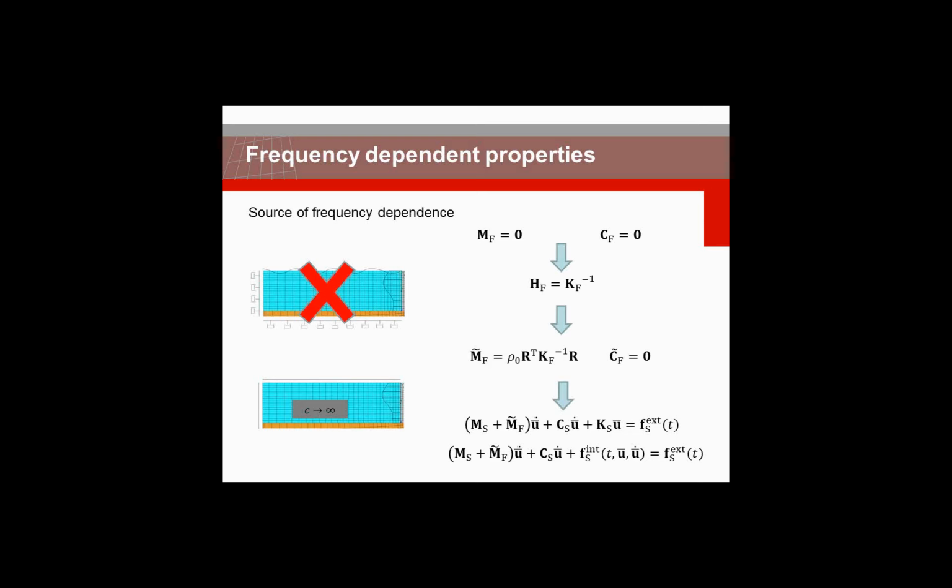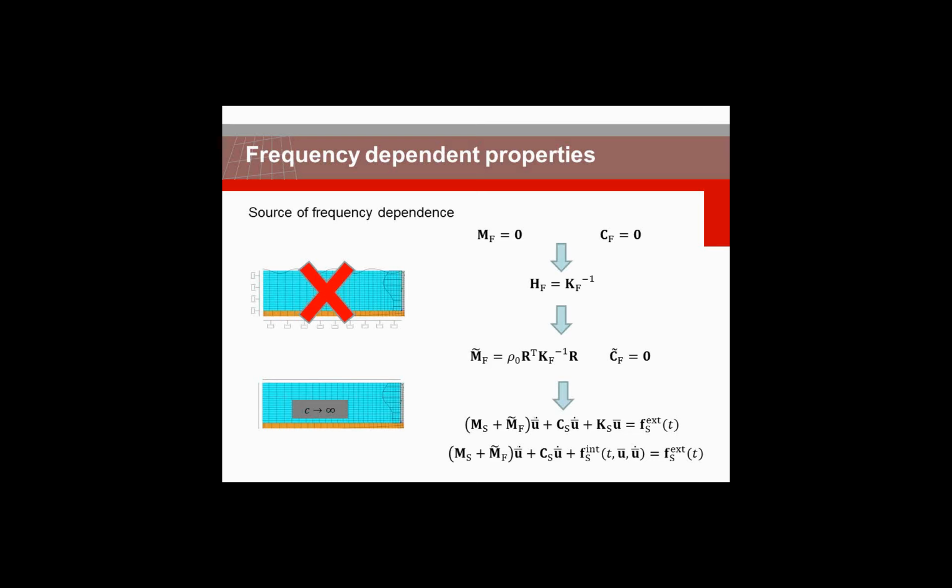So we have a simplified version in which the influence of the fluid on the solid part of the domain is just pure additional mass, which is no longer dependent on the frequency of excitation, and there is no additional damping. This is the simplified equation that appears when we assume that there is no compressibility.